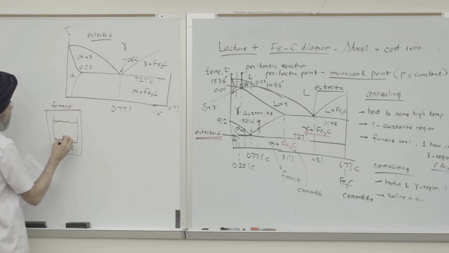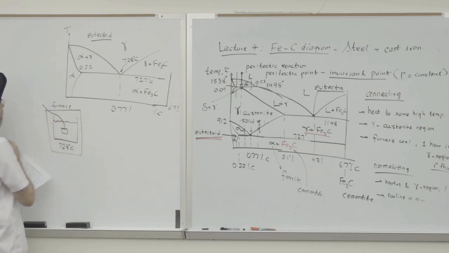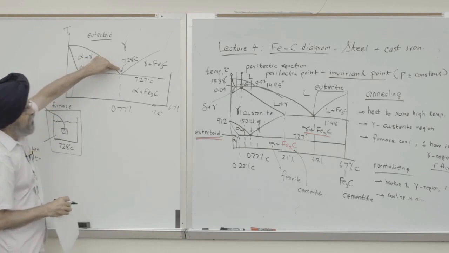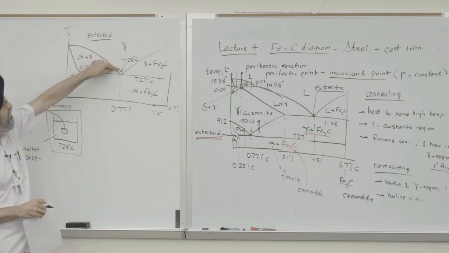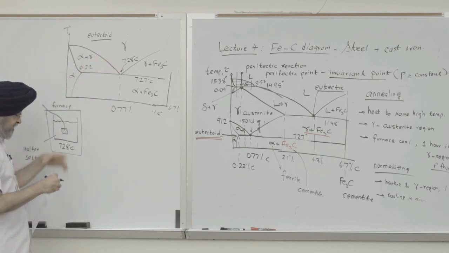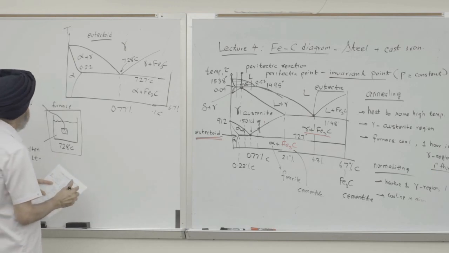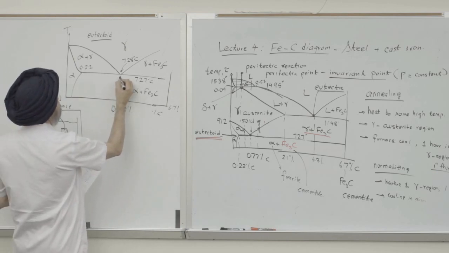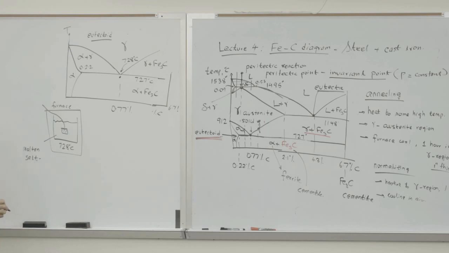So this is the furnace. And so he'll take the metal, tie a wire to it. He'll dip the metal, the steel, in this molten salt. So this is molten salt. So we heat it to 728, 1 degree above the eutectoid. So then what does it do? We want to cool it to 1 degree below the eutectoid.